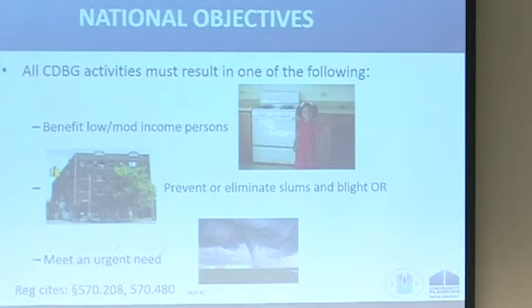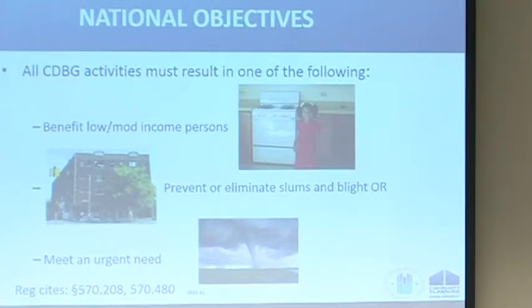70% of your annual grant, a minimum of 70%, must be spent to benefit low and moderate income persons or households. Minimum 70%, okay?